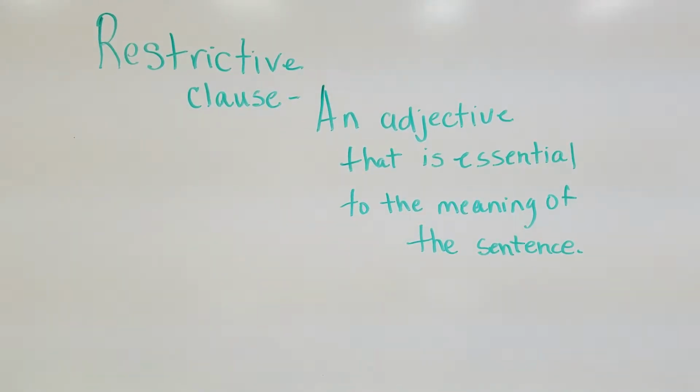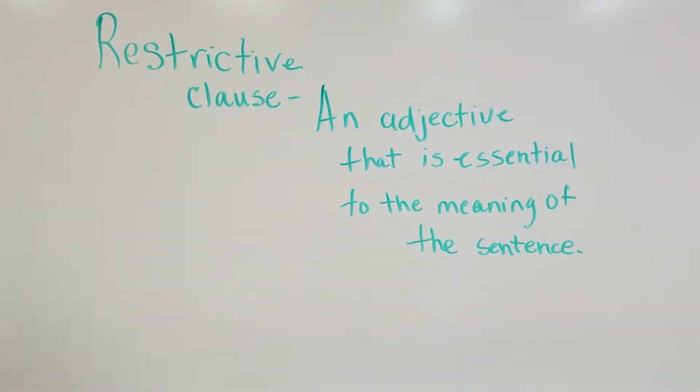Then our last matching item is the restrictive clause. It basically means an adjective clause. I should have written there an adjective clause that is essential to the meaning of the sentence. Adjective clauses can be non-restrictive, so this just means that the sentence wouldn't mean the same thing without it.